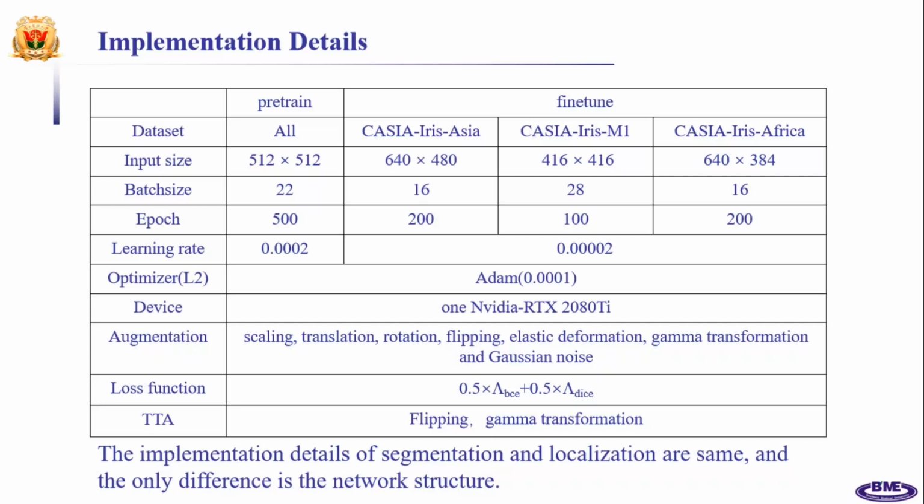We only use flipping and gamma transformation in TTA. The implementation details of segmentation and localization are the same, and the only difference is the network structure.